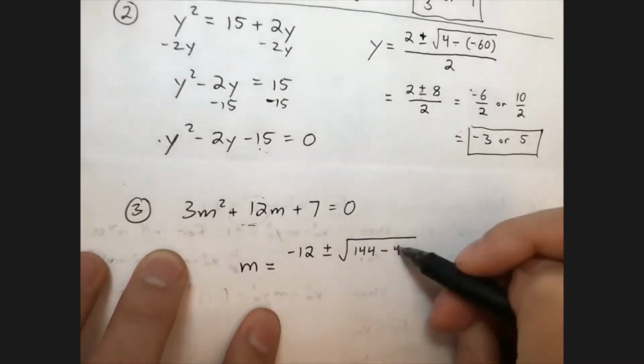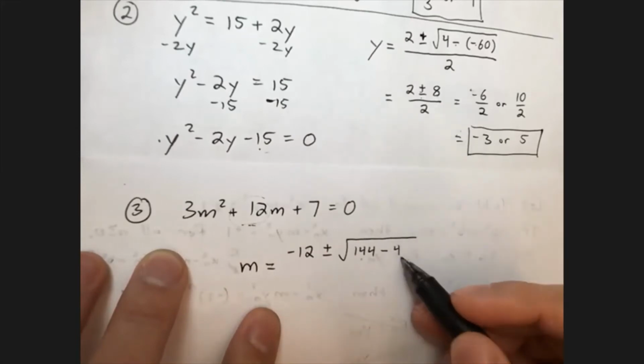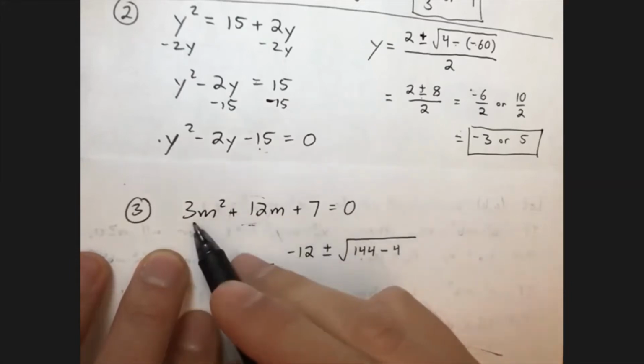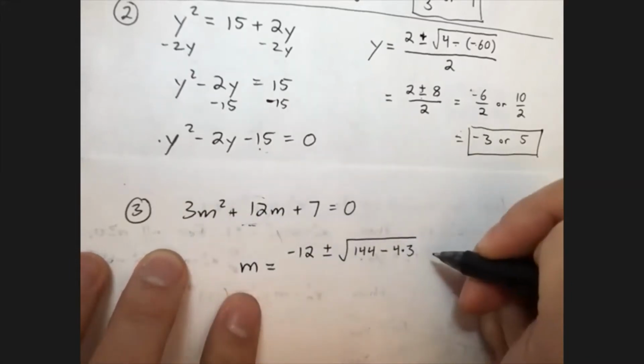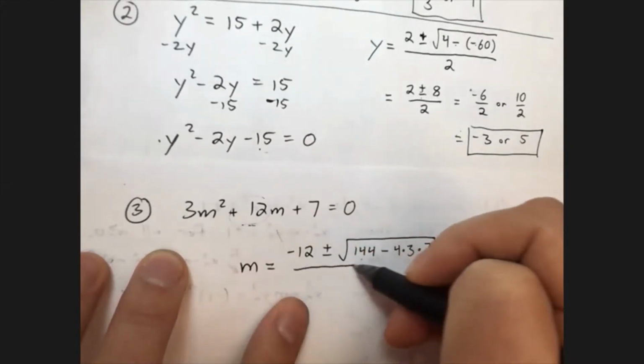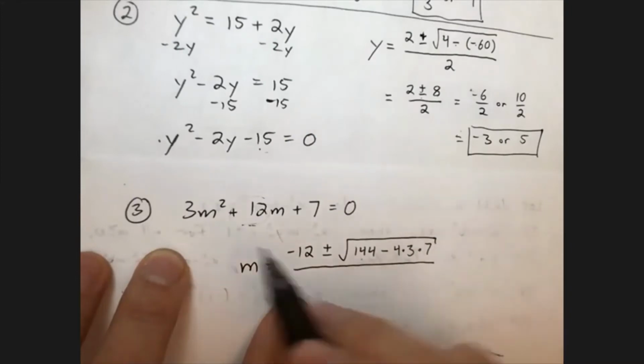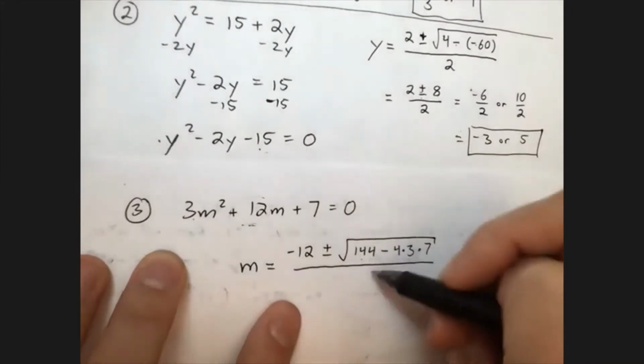Now, maybe I'll write it down, because it's a more complicated thing to multiply out. 4 times a times c, 4 times 3 times 7. And then we're going to divide by 2a, 2 times 3.